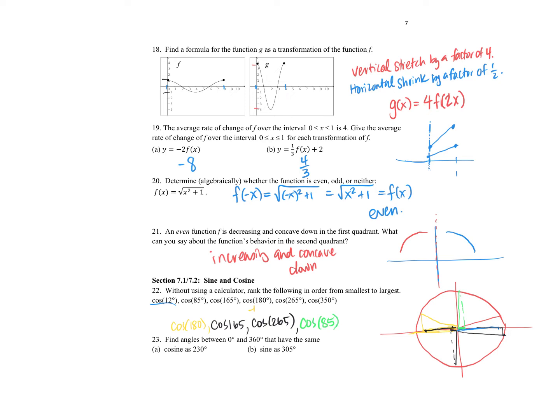Okay, and then those two are yellow. Hang on, what's the cosine 265? That's this black one. Okay, and then cosine 85, and then we have cosine of 12 degrees, and then cosine of 350.